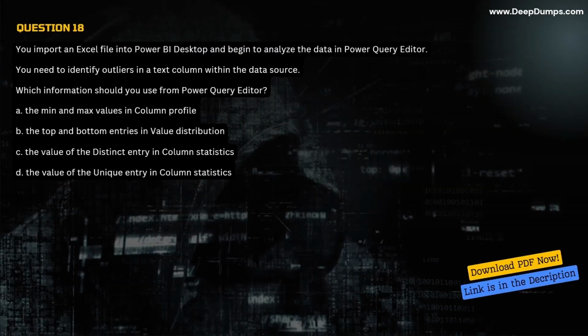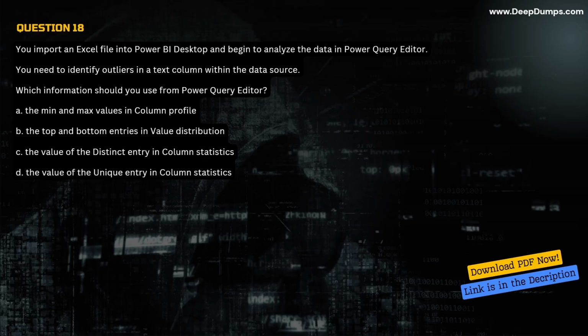Question 18. You import an Excel file into Power BI Desktop and begin to analyze the data in Power Query Editor. You need to identify outliers in a text column within the data source. Which information should you use from Power Query Editor? A. The min and max values in column profile. B. The top and bottom entries in value distribution.